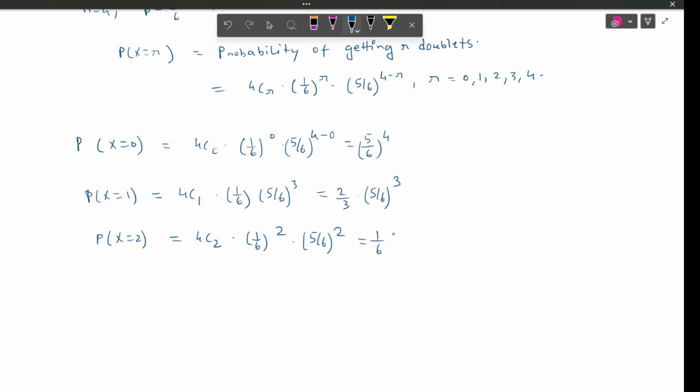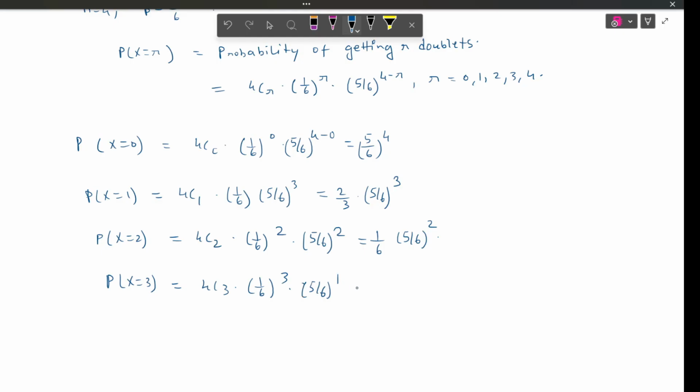So you will get it as 1 by 6, 5 by 6 square. Now P of x equals 3, that is 4C3, 1 by 6 to the power 3, 5 by 6 to the power 4 minus 3, that is 5 by 6 to the power 1.